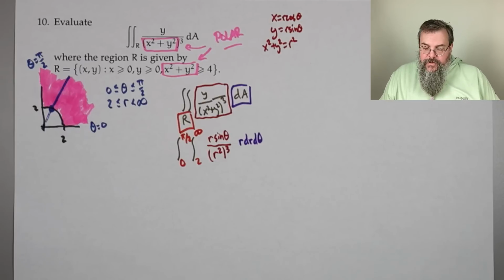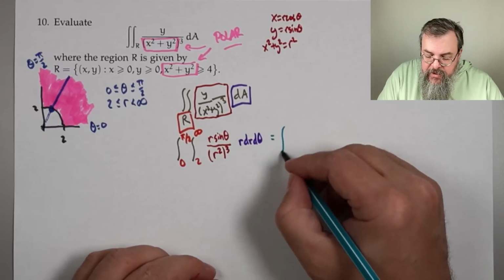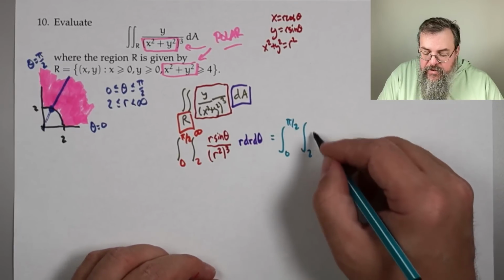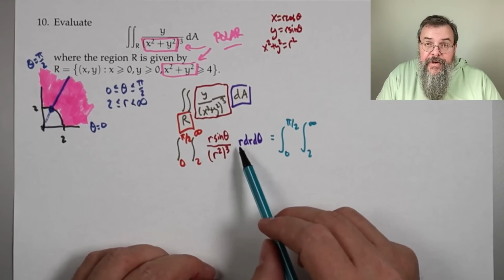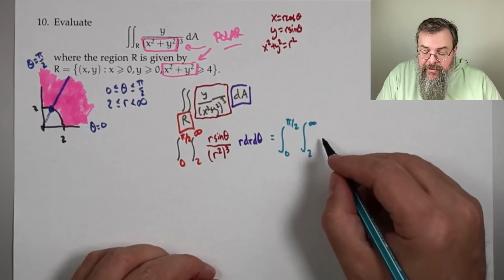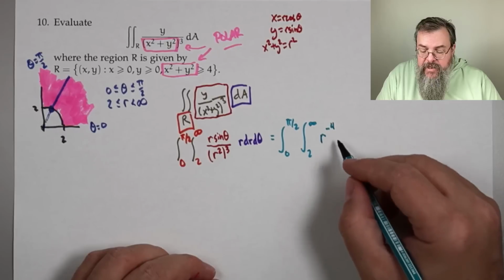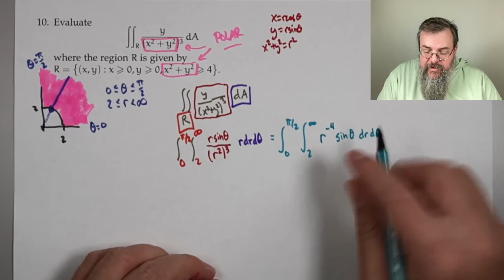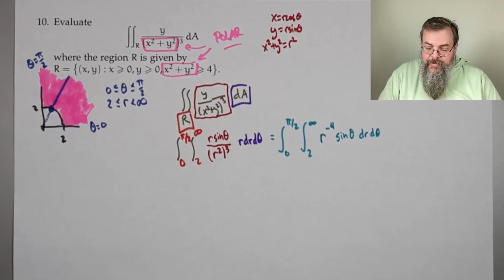We have the integral from 0 to pi over 2, integral from 2 to infinity. We have r and r upstairs, that's r squared. We have r to the 6 downstairs. So if we put that all together, we have r to the negative 4 power, and then we have sine of theta dr d theta. So this r to the negative 4 is just keeping track of all the r's together.